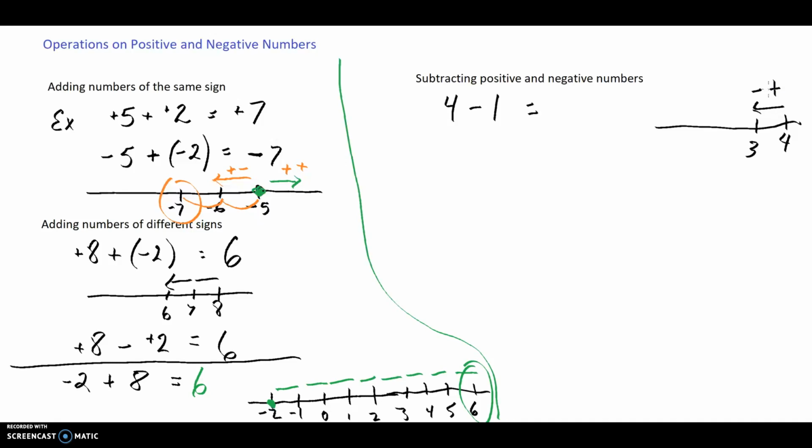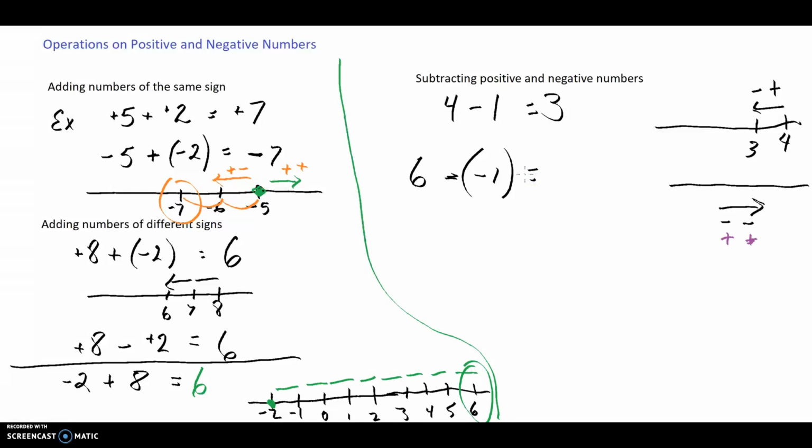So it should be true that subtracting a negative, we go the other way. And that turns out to be the same thing as adding a positive. Let's look at an example like that one. 6 subtract negative 1.